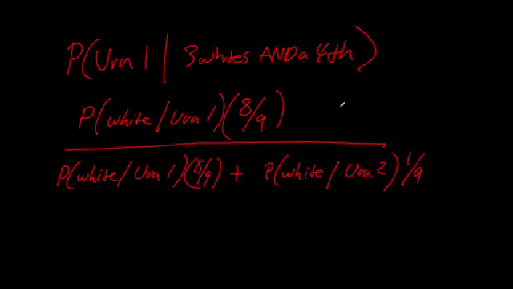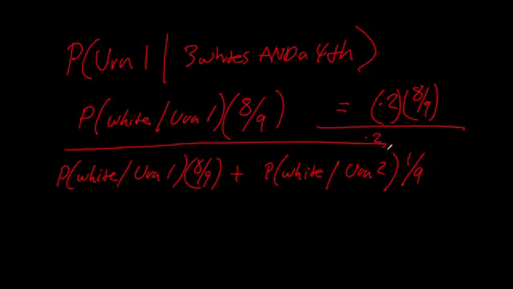Okay. So this on the top is going to be equal to 0.2 times 8/9. And on the bottom we have 0.2 times 8/9 plus 0.1 times 1/9.